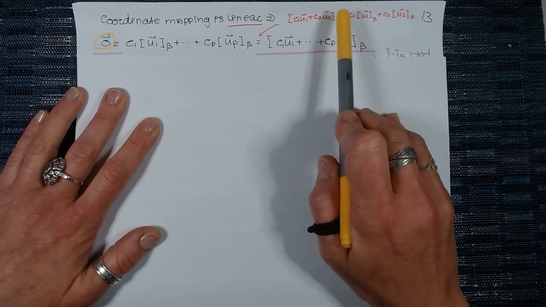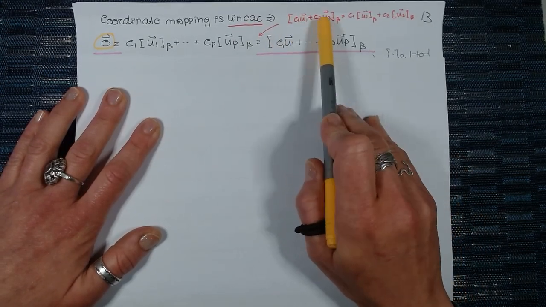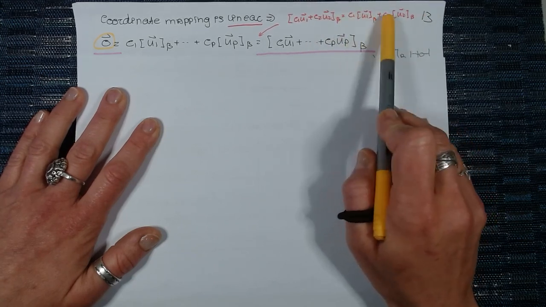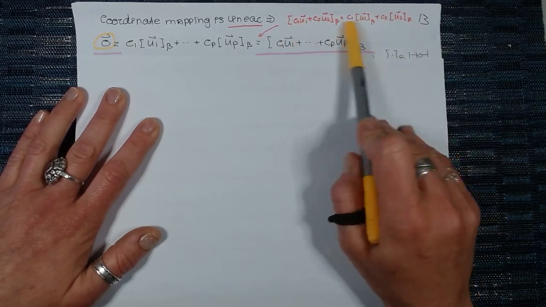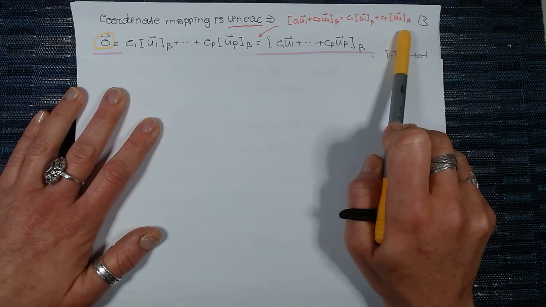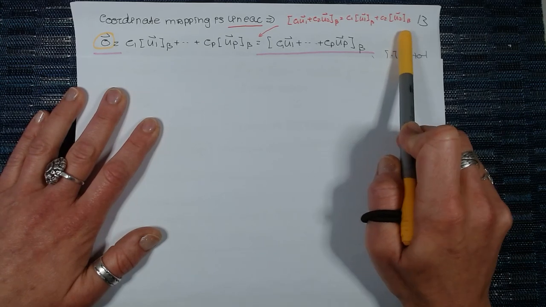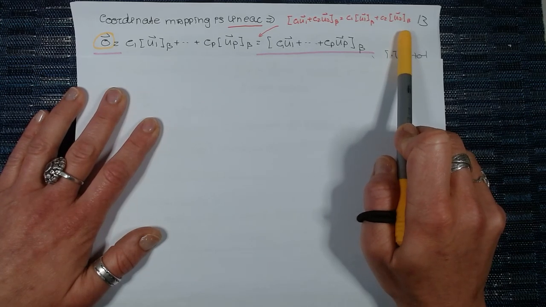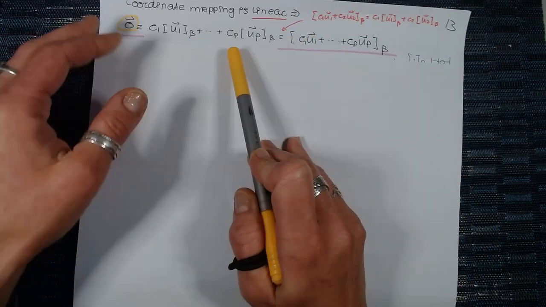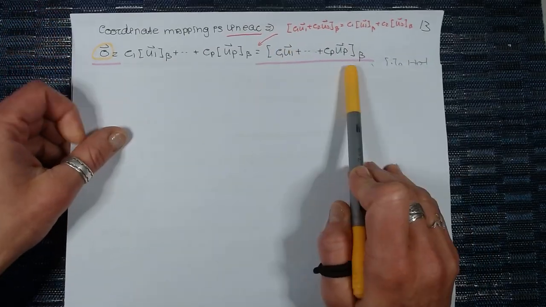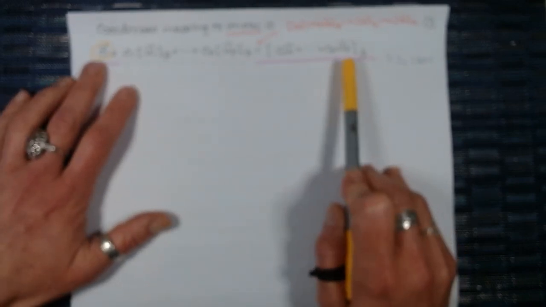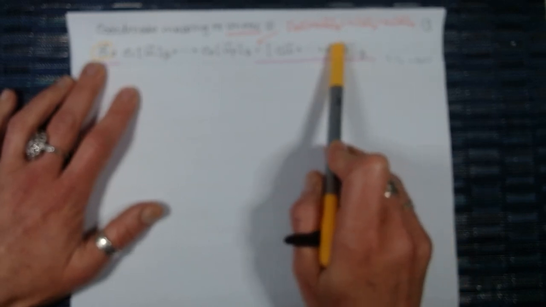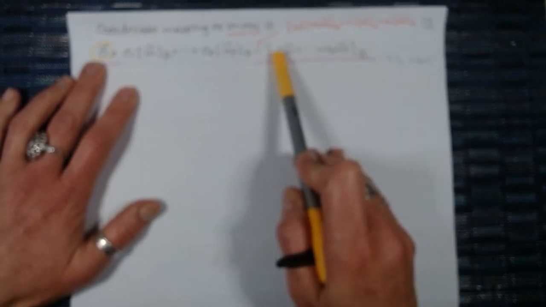My mapping of the sum multiplied by constants is constants multiplied by the mapping of the sum. I can split this up. This is basically my definition of linearity of the transformation. So I can basically just put everything into my mapping notation. And then what I'm looking at, I have 0 equals the coordinate beta mapping of this one vector.